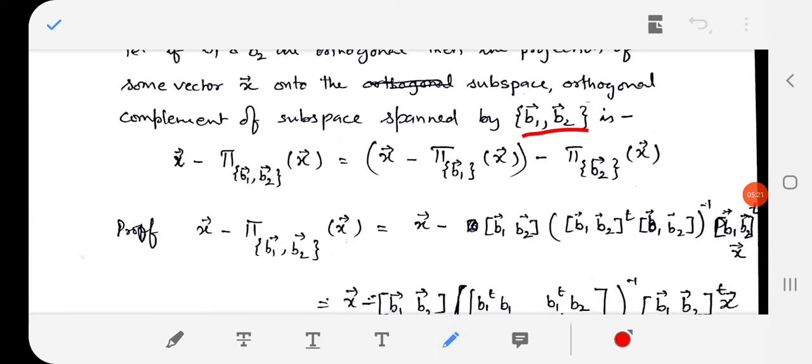Now we want to prove that the projection along the subspace generated by b1 and b2, or the error between the original vector and the projection, is exactly the same as that of the projections generated individually over the basis vectors. Okay, so let us see how it goes.